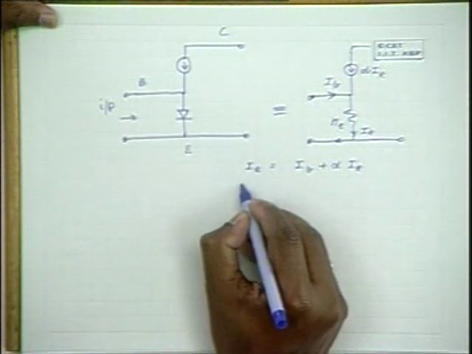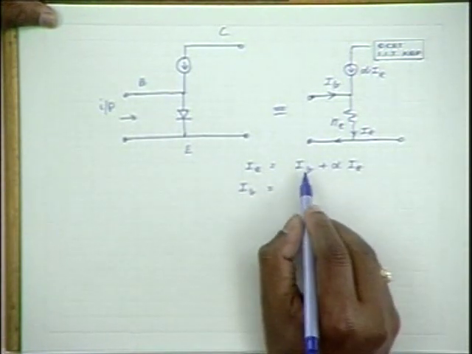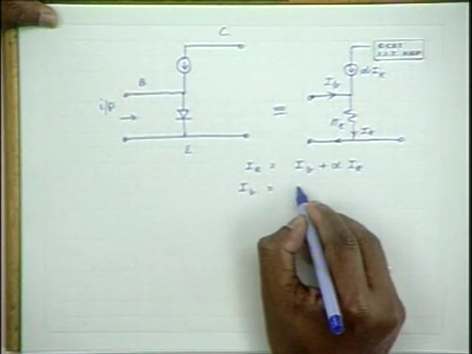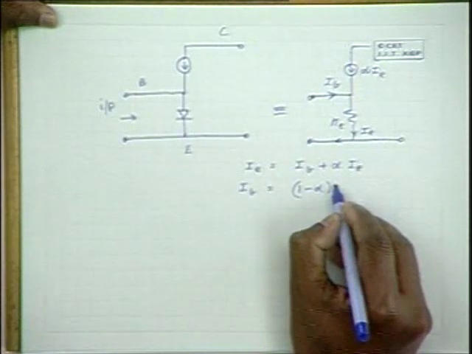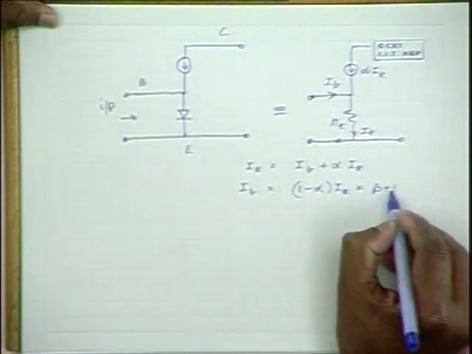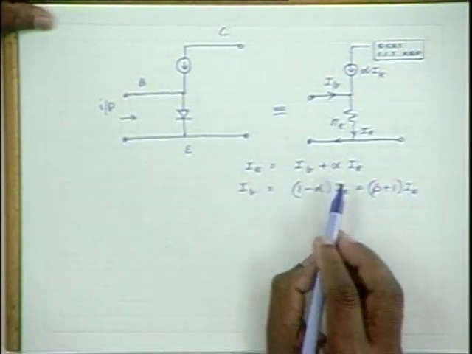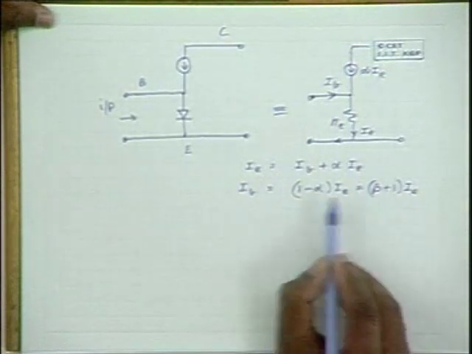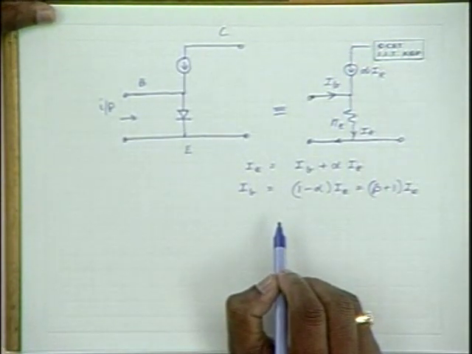Therefore, the input current IB is 1 minus alpha times IE, and the same thing is equivalent to beta plus 1 into IE. By substituting the relationship between beta and alpha, we can show that this is the same thing, this is equal to this.